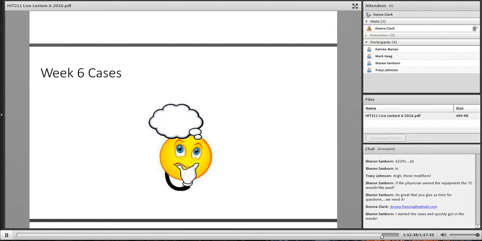All right, so I have 3 cases for week 6. Case 1, you have to have 2 codes. You're going to need your procedure code, and you know how you find your procedure, so that one is easy.